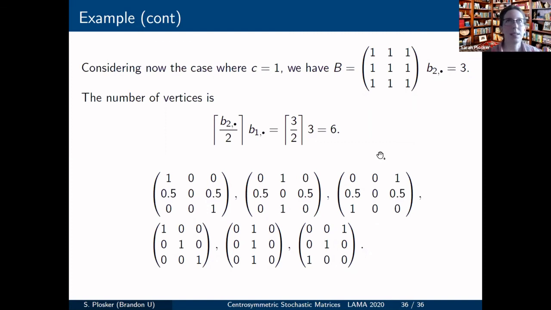So we looked at, basically, moral of the story, for centrosymmetric stochastic matrices, if M is even, we can sort of get by with the stochastic case. For M even or odd, we have to look at sort of half of that amount, and then do a 180-degree rotation, plop it down as the sort of second part of our matrix.